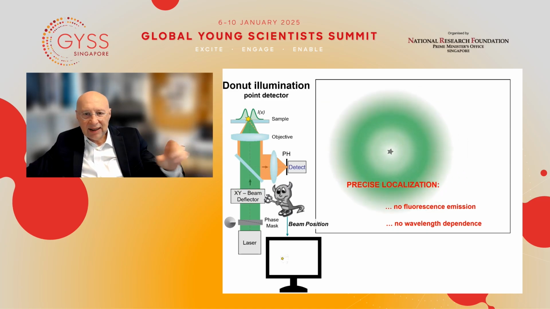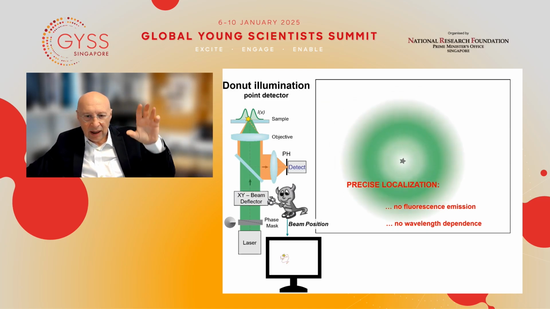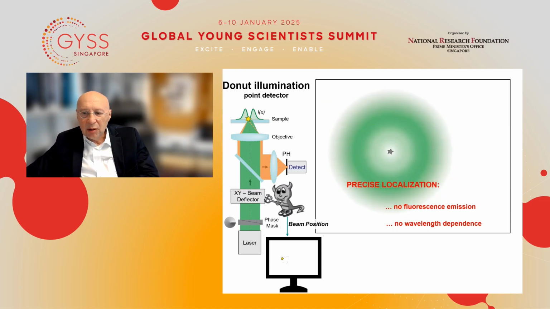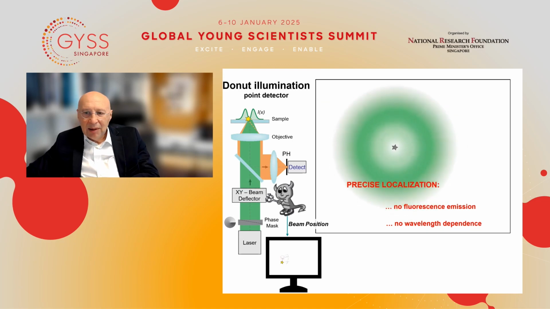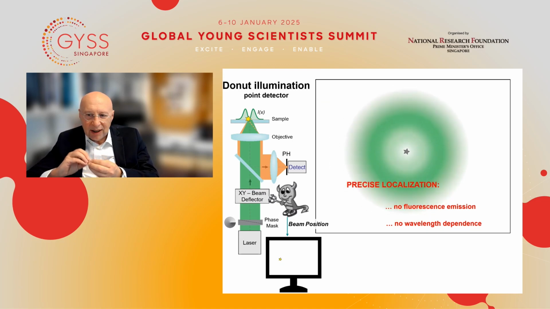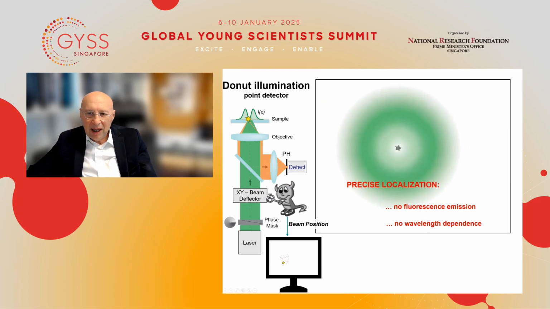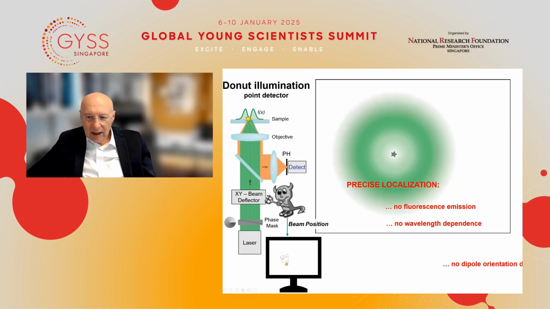Remember that in the previous case there was this lambda on the top of the equation, the wavelength, but here the wavelength doesn't really matter because we are just matching 2 points, the donut zero and the molecule. It doesn't really matter if the donut is made of green light, of blue light, yellow light, X-rays, microwaves, whatever. It's only the point zero that matters.